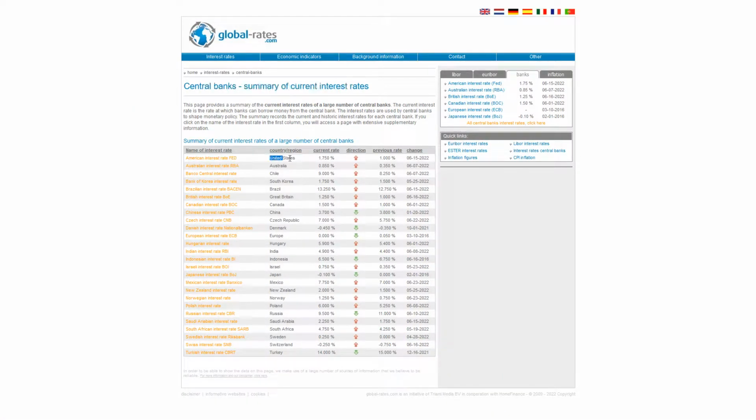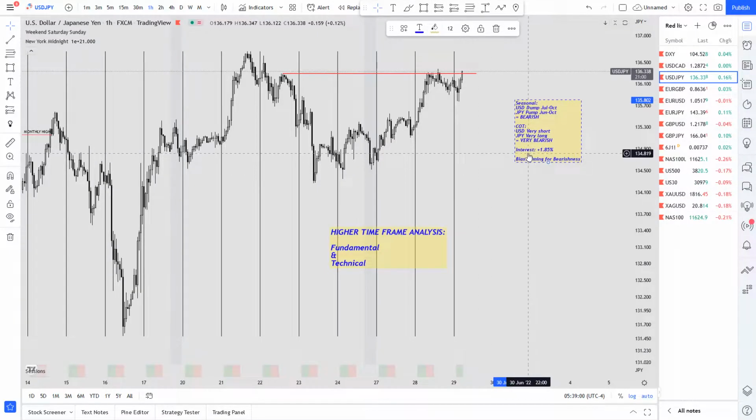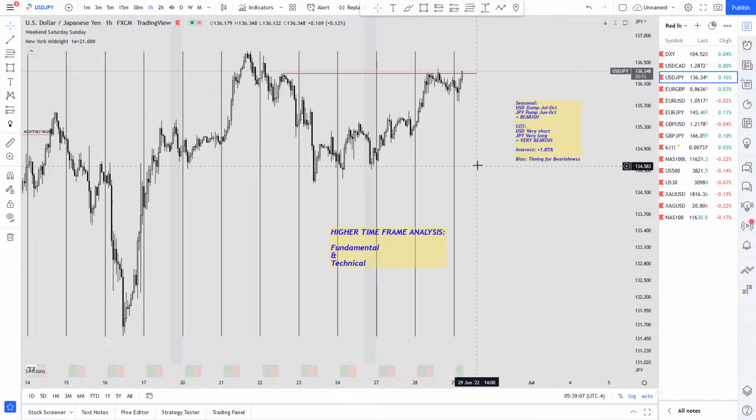The American interest rate is 1.75, and the Japanese one is negative 0.1. The difference between those is 1.85. Whichever interest rate is higher is the stronger one. So the interest rate differential for this pair is positive 1.85%, which indicates bullishness for this pair.